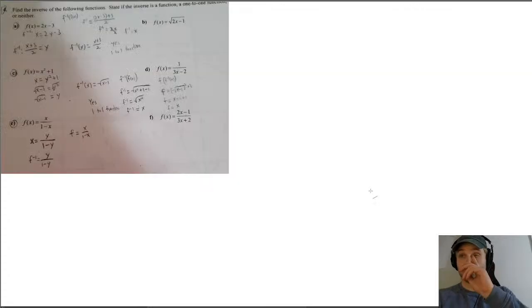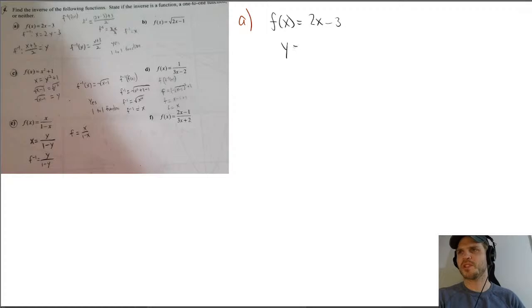Okay, so with these, let's go A. F of x equals 2x minus 3, so I'll put this as y equals 2x minus 3. There's two ways you can do it. You can solve for x and then swap x and y, or you can swap x and y and then solve for y.